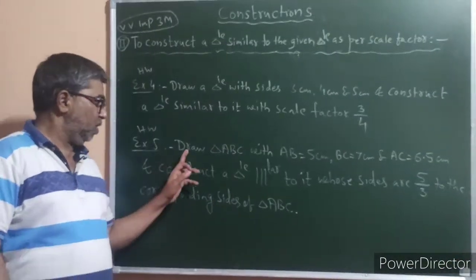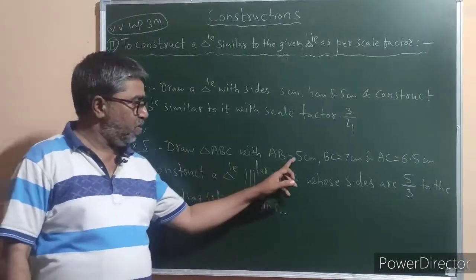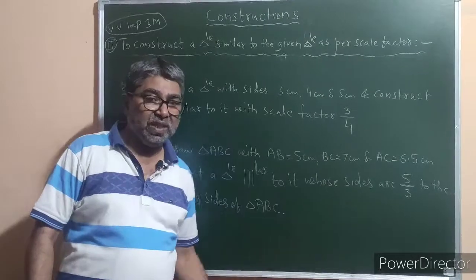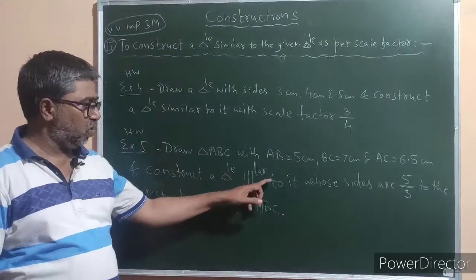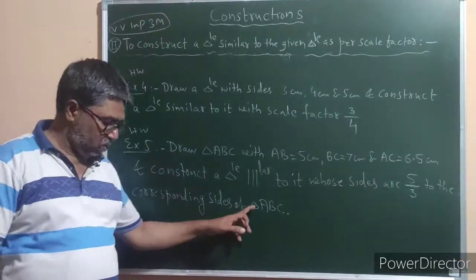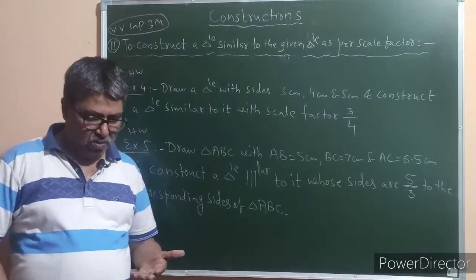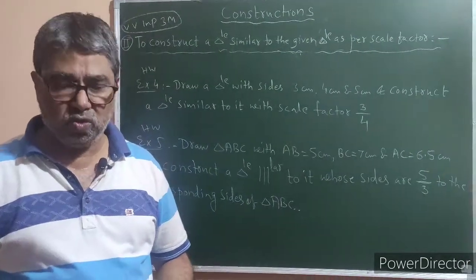The next one is draw triangle ABC with AB 5, BC 7 and AC 6.5 centimeter and construct a triangle similar to it whose sides are 5/3 to the corresponding sides of triangle ABC. So I hope these 2 examples you will be able to solve.